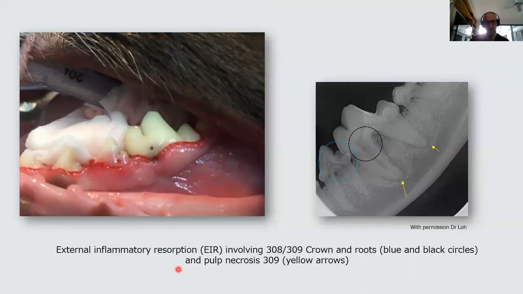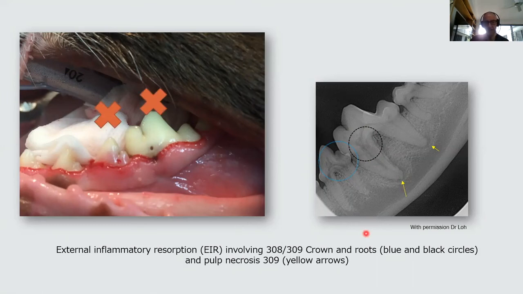Here we have an inflammatory resorption in the crown and cervical area of tooth 308 and 309. You can see that there's quite large destruction of the tooth structure here in 308, the blue circle here, and a smaller amount of tooth destruction here in tooth 309, but with 309 there's actually involvement of the pulp, so we've got some pulp necrosis occurring here, and in this situation we would have to extract both those two teeth.